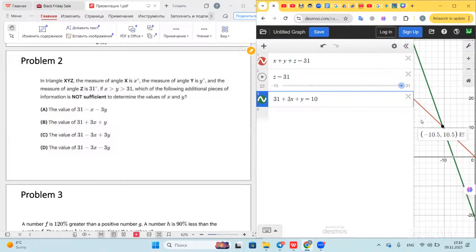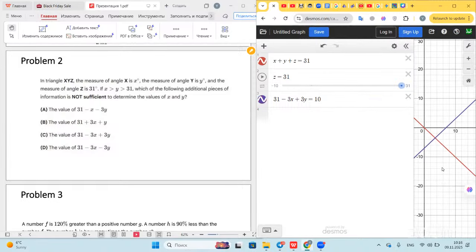Okay. Then next option. In the next option, we can try the third one, like 31 minus 3x minus 3y equals some number. Let's say 10 as well. It is the C option, where here should be plus. You can see they intersect at some point. It means x and y can be found.